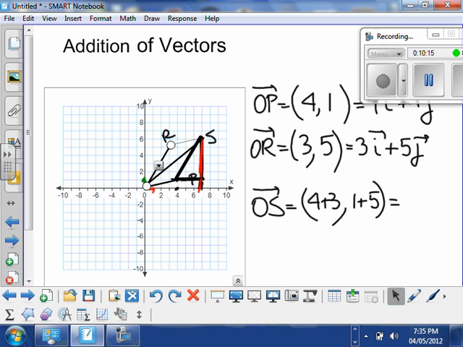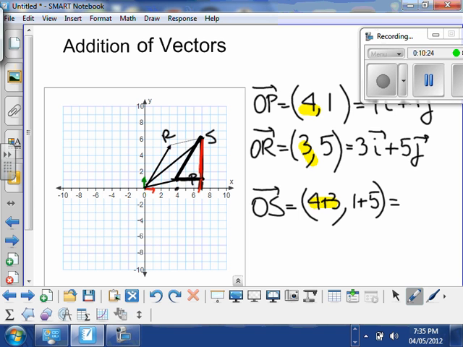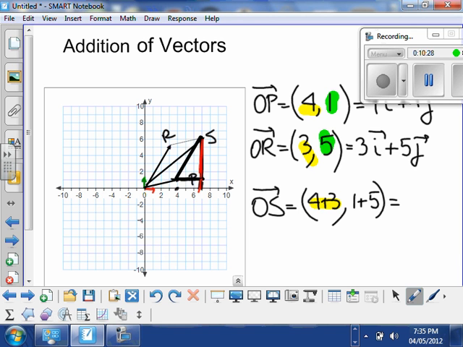Where did I get this 4 and 3? Well, let's take a look. 4 is this 4. 4 plus 3. There you go. How about 1 plus 5 is nothing else but that 5.